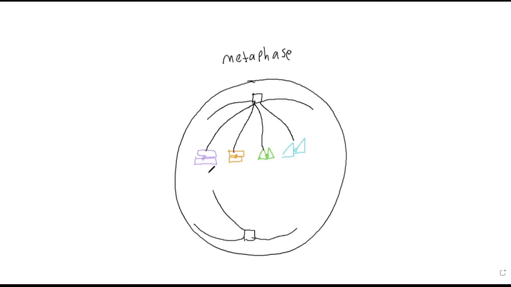So you see that each chromosome is going to be connected to a microtubule. So it kind of looks like an onion almost. So metaphase, the mitotic spindle has manipulated the chromosomes to the center of the plate. Now the next phase is going to be called anaphase.